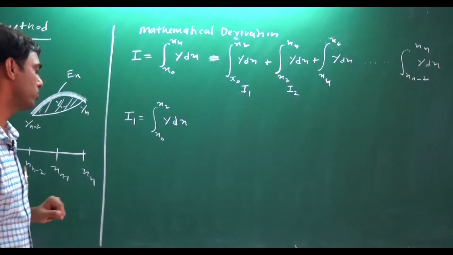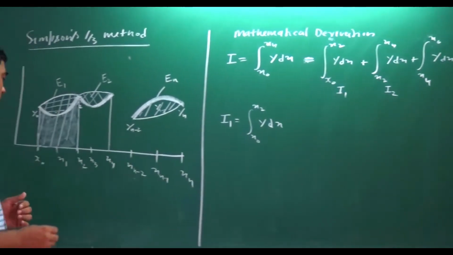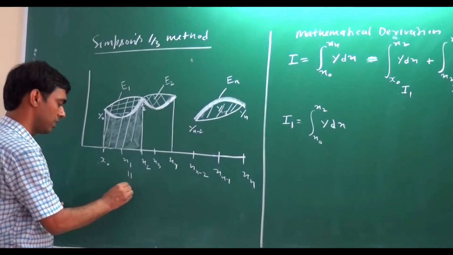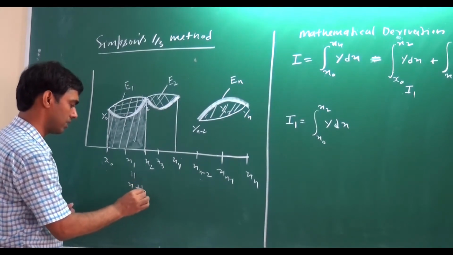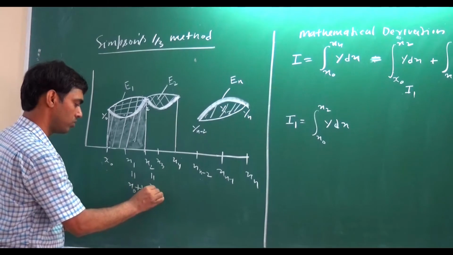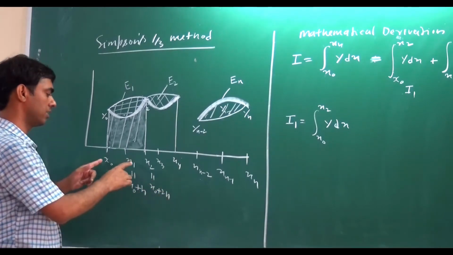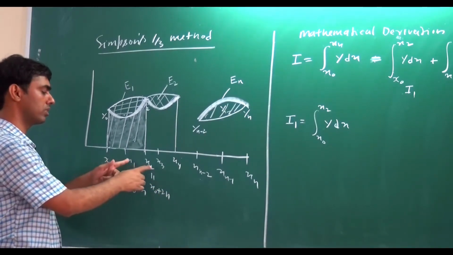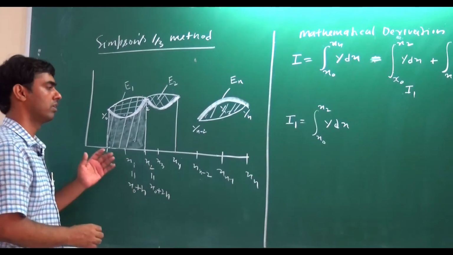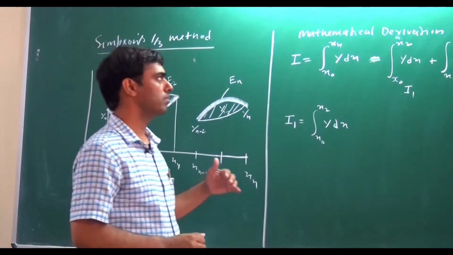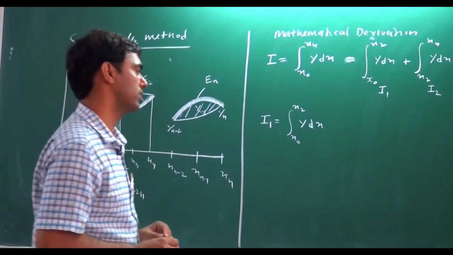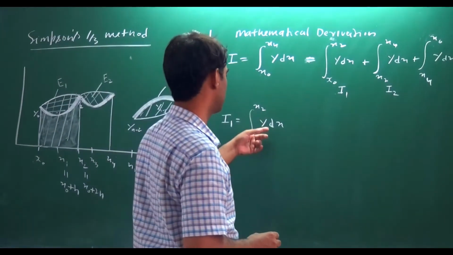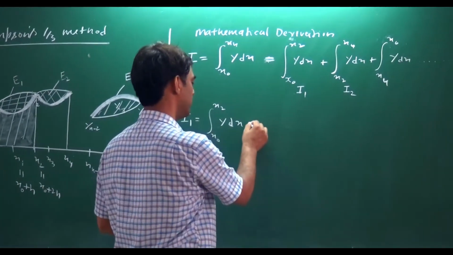Here we assume these terms are x1 and x2 equal to x0 plus 2h, an equal class interval, meaning the difference between x1 and x0 equals the difference between x2 and x1. It means we derive the Simpson 1/3 rule for the equal class interval. So, x0 to x2 of y dx. What do we write here?